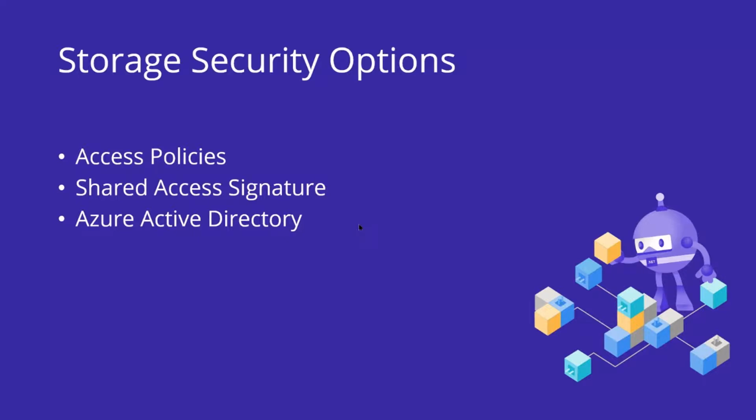So you can set up access policies for who can read and write, or create or delete files. And then the shared access signature is essentially the key to be able to access those files or containers. And then with Azure Active Directory, just as we saw with that file architecture diagram, you could also set up authentication and security options through Azure Active Directory.